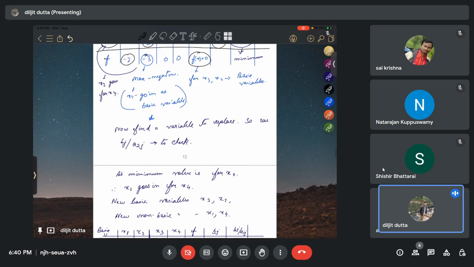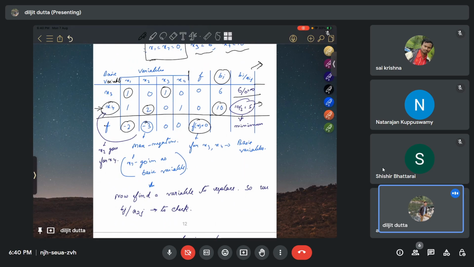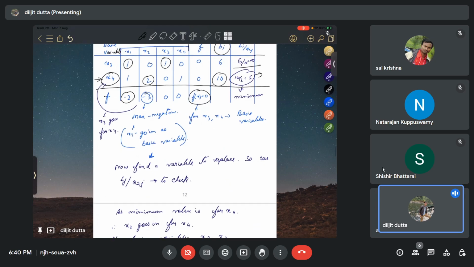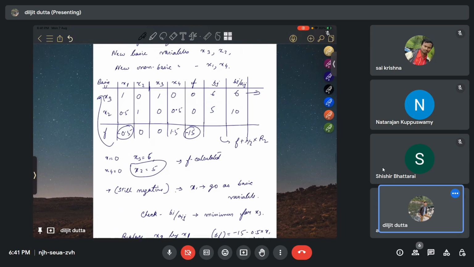Now for the second equation we need the coefficient of x2 equal to 1, so we divide the second equation by 2. We get 1 by 2 is 0.5, 2 by 2 is 1, 0 by 2 is 0, 1 by 2 is again 0.5, and bi, 10 by 2, is 5. So we will get this value.